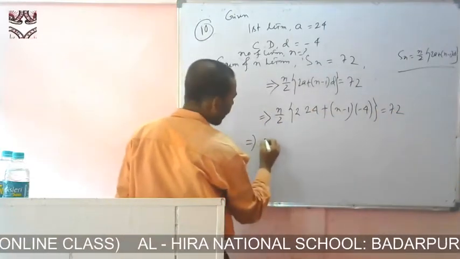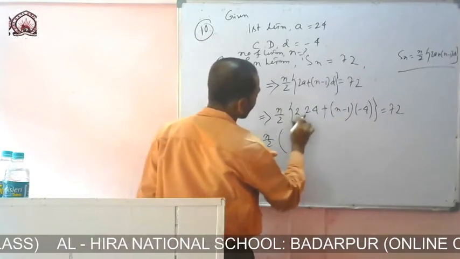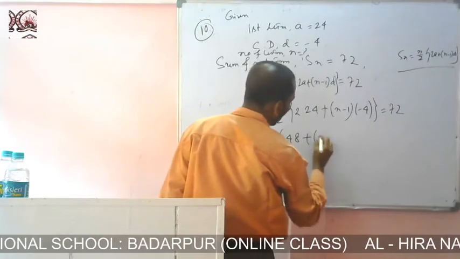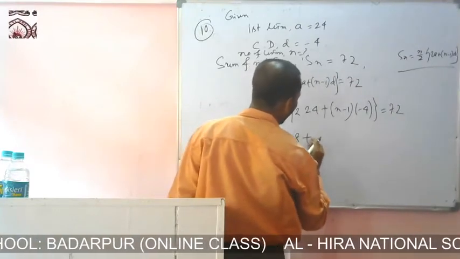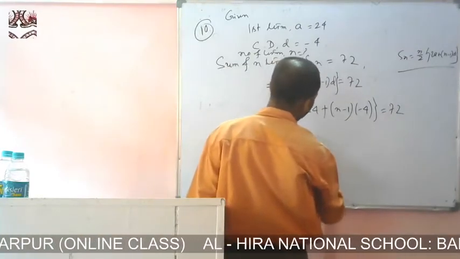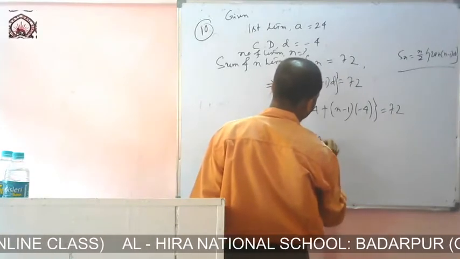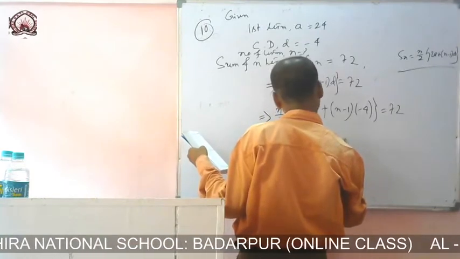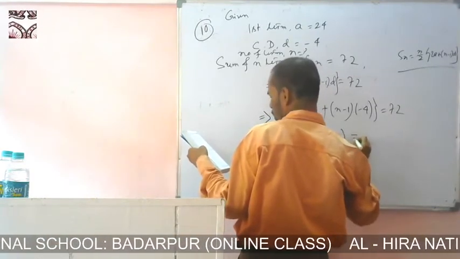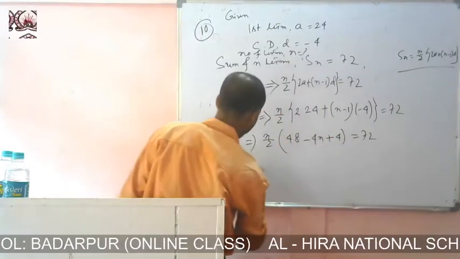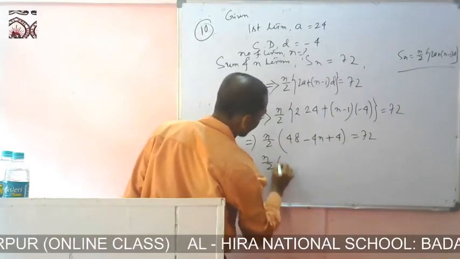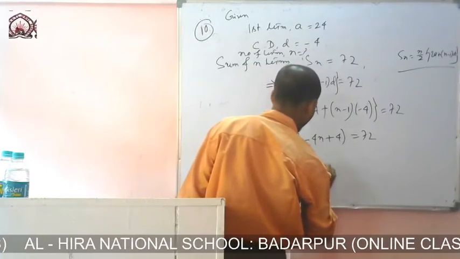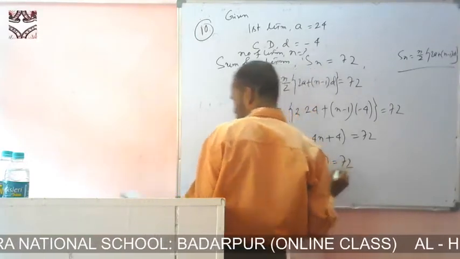So this is n by 2, and 2 into 24 is 48, plus, if we multiply, minus 4n plus 4, is equal to 72. Then it is n by 2 into 48 plus 4, which is 52, minus 4n, is equal to 72.